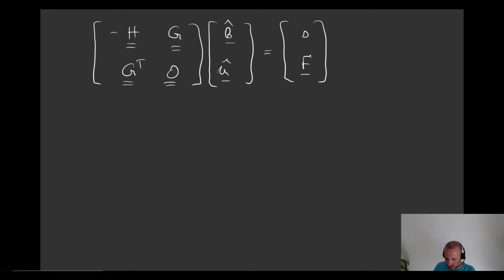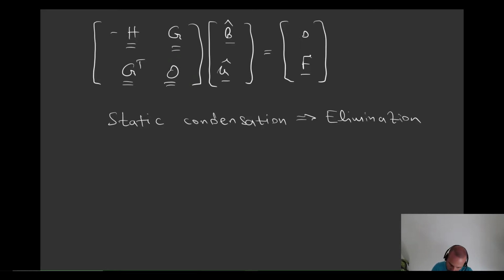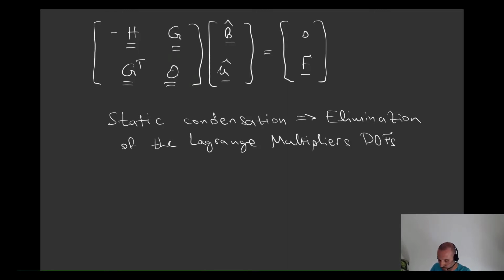Now, what we can do here is actually eliminate the Lagrange multipliers degrees of freedom. And that's a trick which we call static condensation, which is actually the elimination of the Lagrange multipliers degrees of freedom, DOFs, from the equation system.